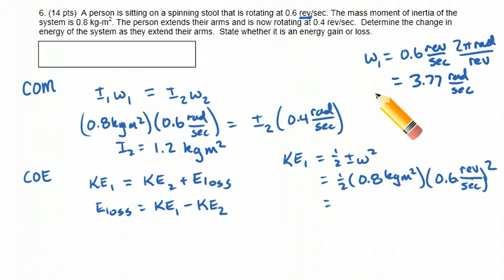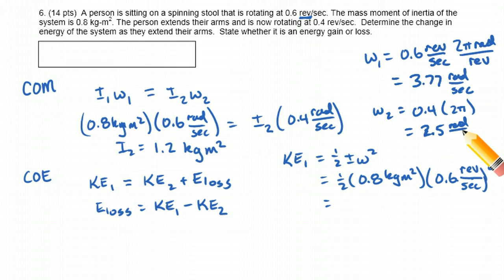Okay, and I'll do the same thing for omega 2. 0.4 times 2 times pi should be 2/3 of that, or 2.5 radians per second.